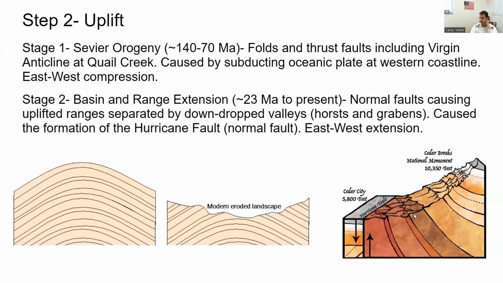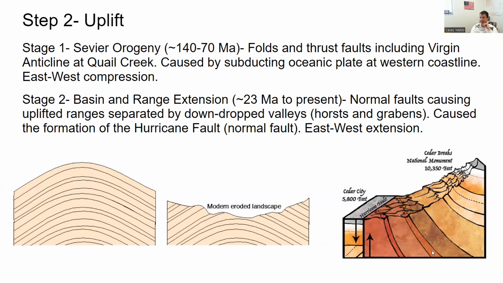One thing I like about this diagram is if we look at the layers in the footwall block, we can see that they are tilted or folded. That anticline feature that we saw in Quail Creek basically extends northward into Cedar City.